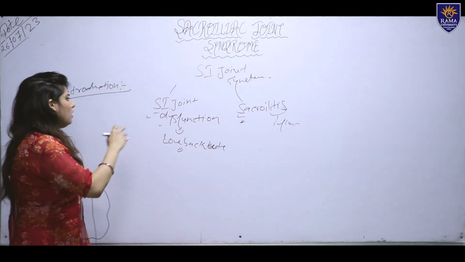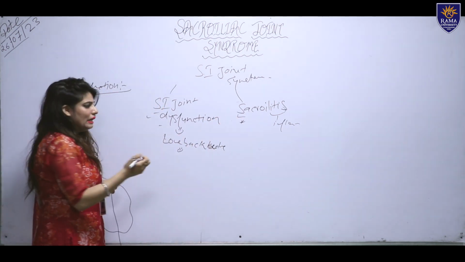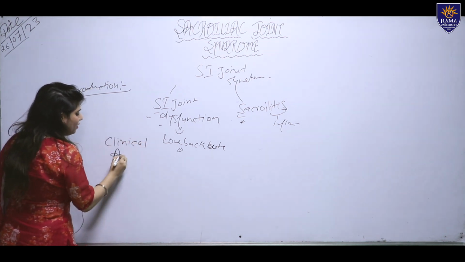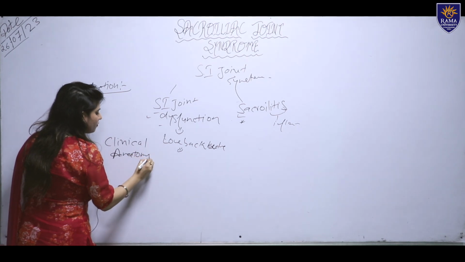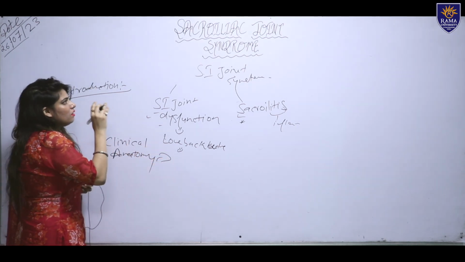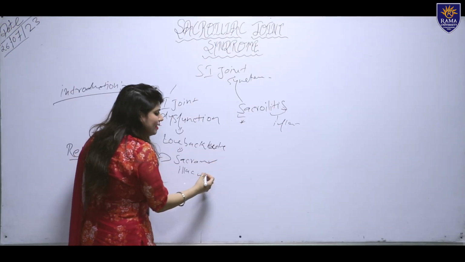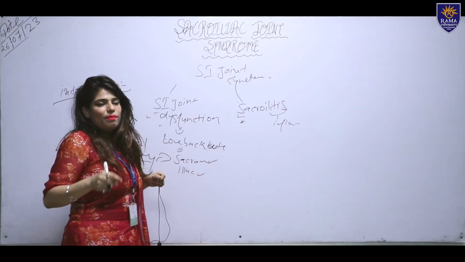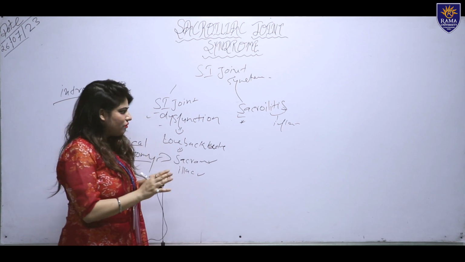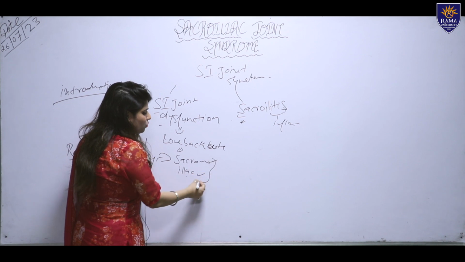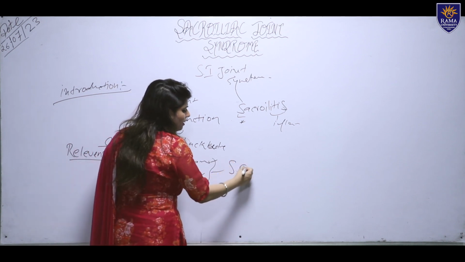Now I am going to some of the clinical anatomy. The sacroiliac joint is formed by the sacrum and the iliac, the lower back bones, which join together to form the SI joint.